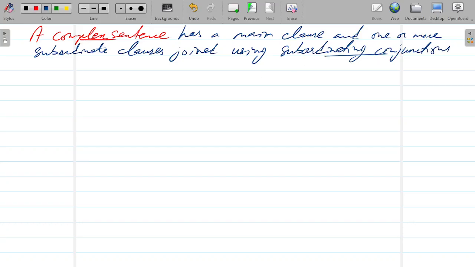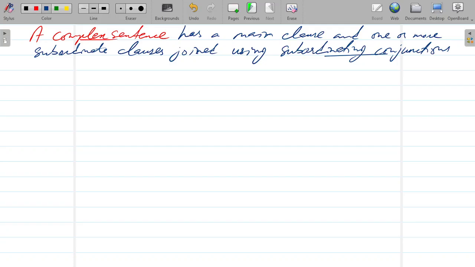Right? And unlike coordinating conjunctions where you had 7 of them and you had a nice acronym to remember them by, subordinate conjunctions are not the case. There are many, many subordinate conjunctions, and I think I came across an acronym for them once, but I don't recall it at the moment and couldn't relocate it wherever I read it.